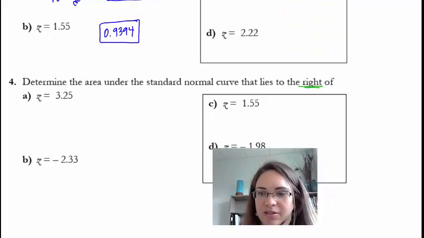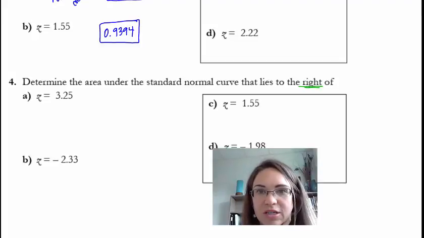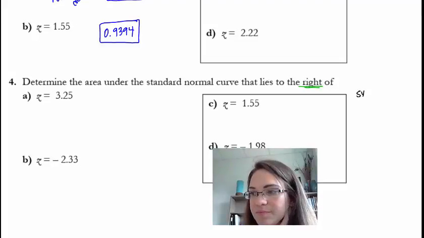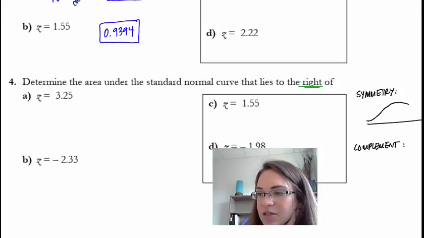When we're looking for area to the right of a curve, but our table gives us area to the left of a z value, we have two options. We can use symmetry or the complement rule. Symmetry works like this. The curve is symmetric across the mean.